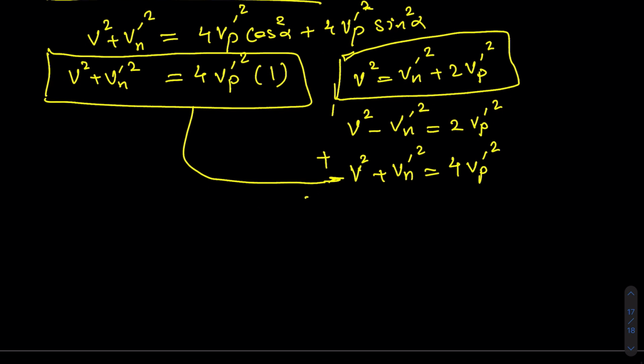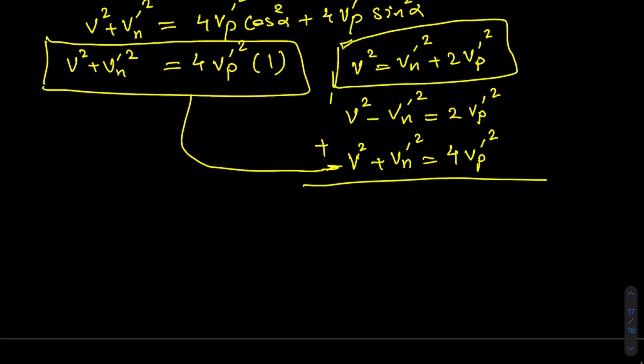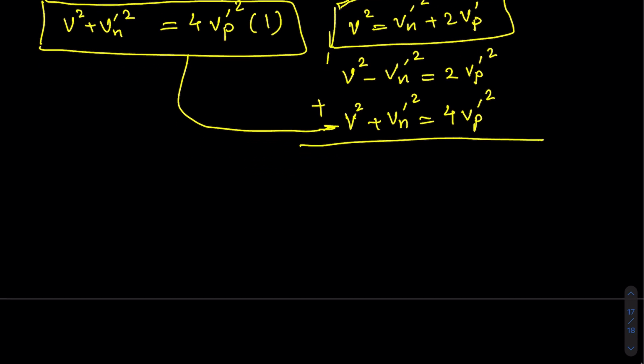Okay, all right. So if we add them up, this v nucleus prime, they will cancel out each other, and then we will get 2v squared is equal to 6 vp prime squared. This is what we found.